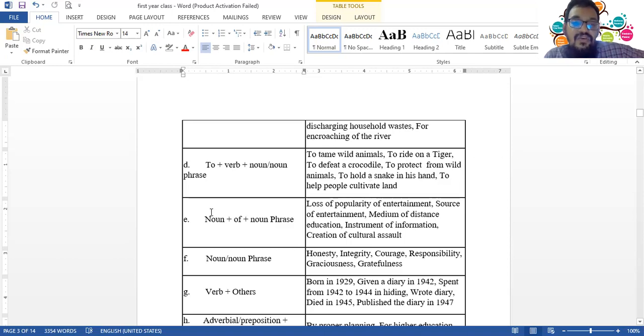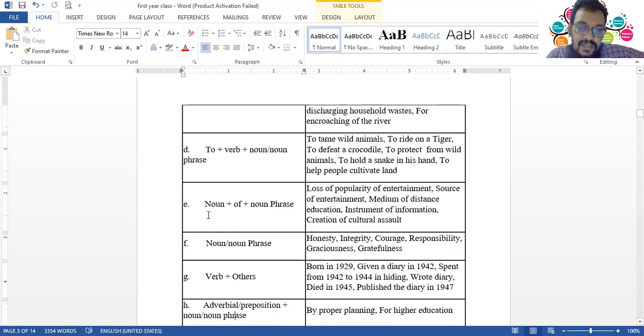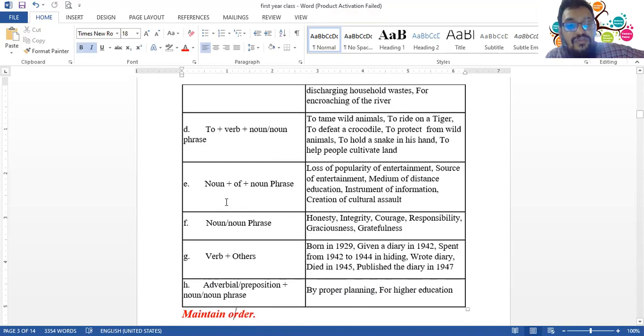Okay. Then we can use this structure also: noun plus of plus noun phrase. Loss, noun. Loss of popularity. Source, noun.